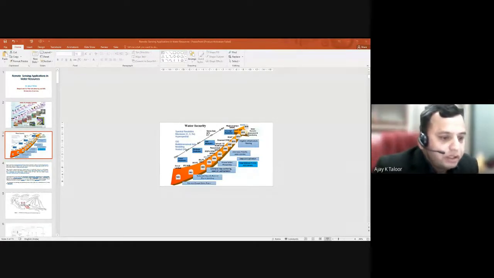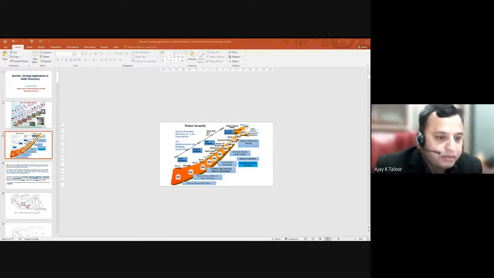So in the 1980s, we will discuss water security, and how water science has evolved through remote sensing. In the 1980s, the trend was groundwater potential zonation, where remote sensing and GIS enable us to prepare the groundwater potential zonation map. Then in 1985, snow melt runoff forecasting and glacial inventories.